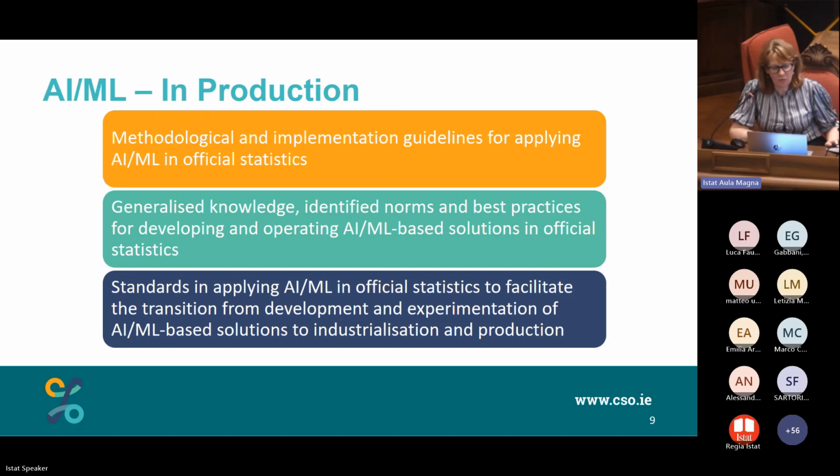So, it's a methodological conference, and what we're trying to do here is focus on the methodological aspects of what we're doing. We've been using artificial intelligence in statistics, or certainly machine learning in statistics, for a number of years.